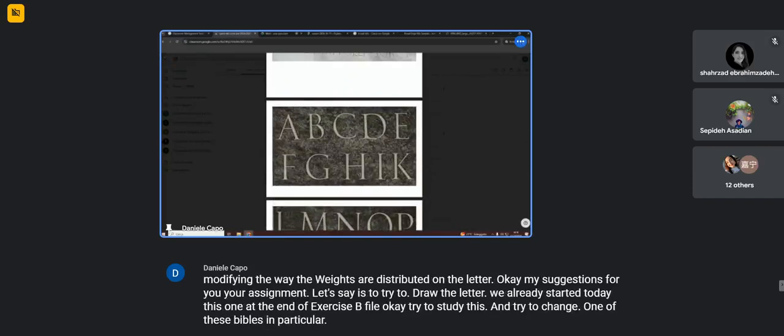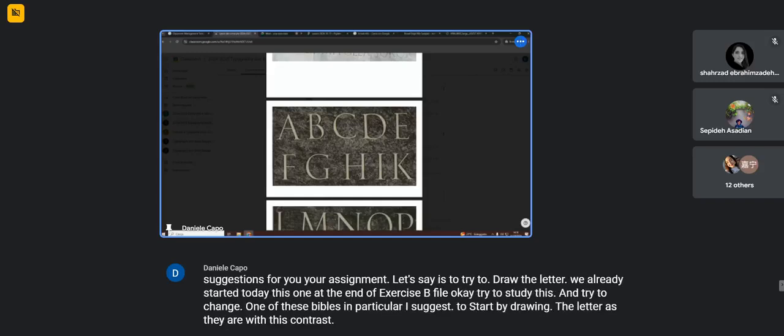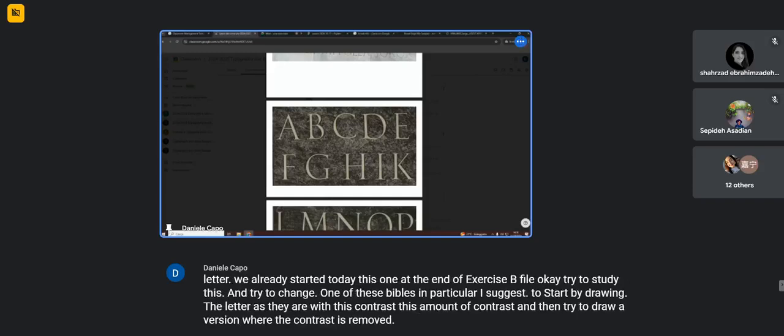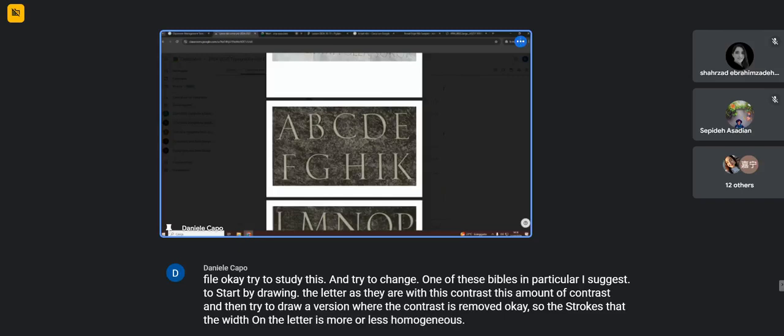In particular, I suggest to start by drawing the letters as they are with this amount of contrast, and then try to draw a version where the contrast is removed. Okay, so the width of the strokes on the letter is more or less homogeneous.